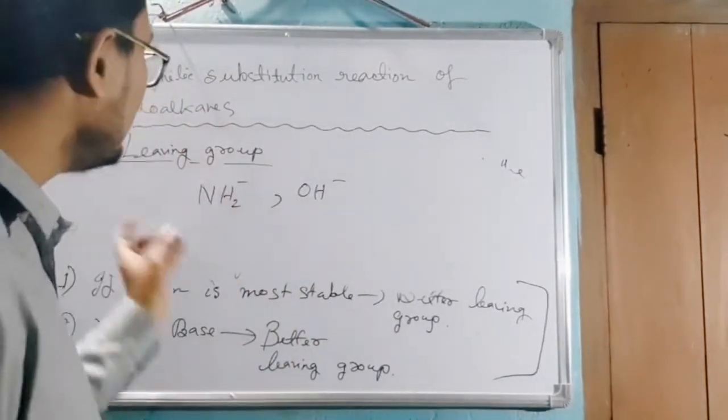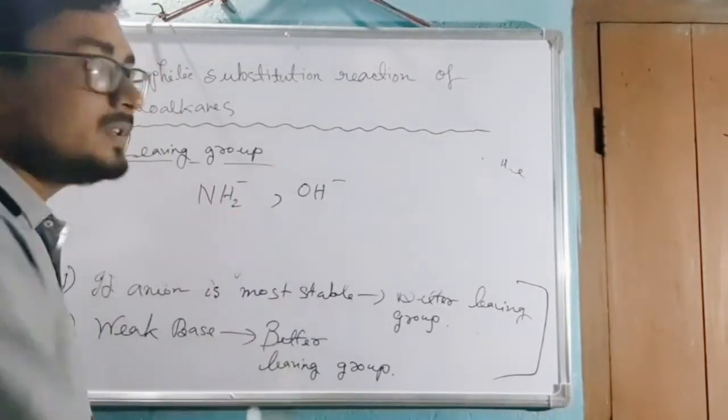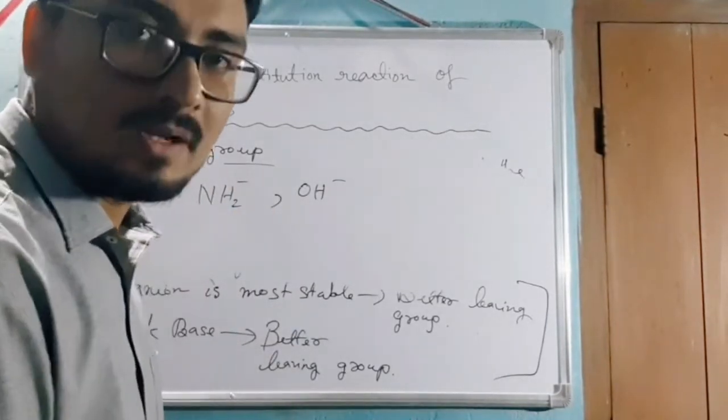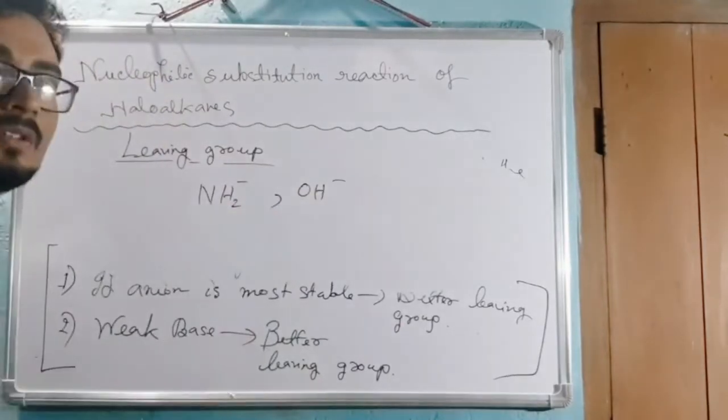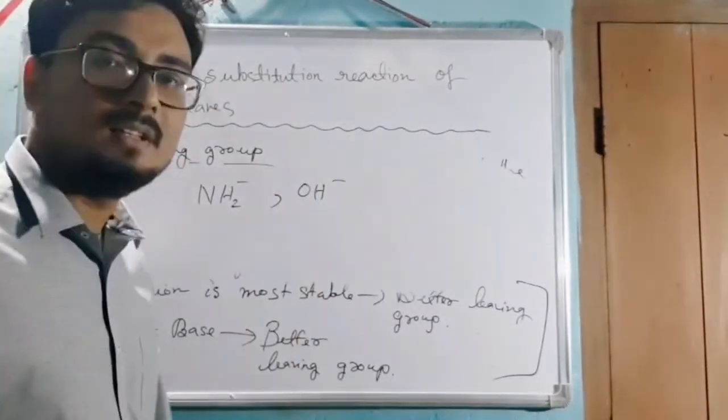Between these two nucleophiles, which one has the better leaving group?